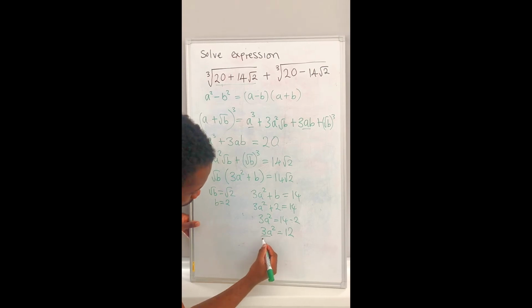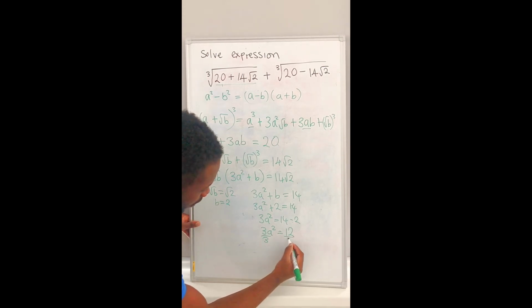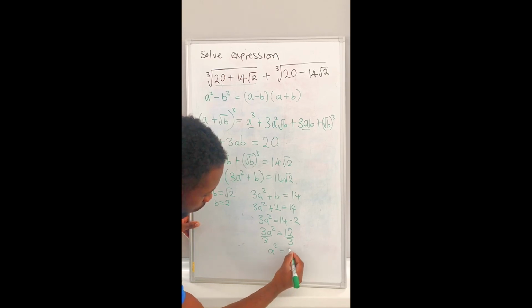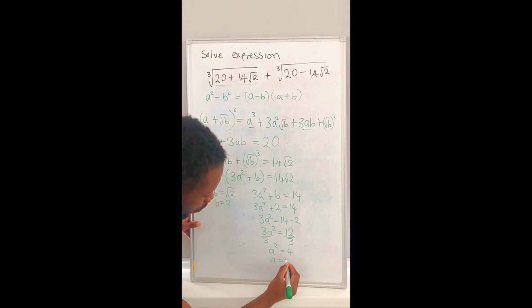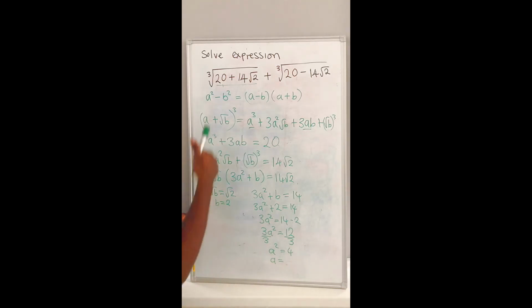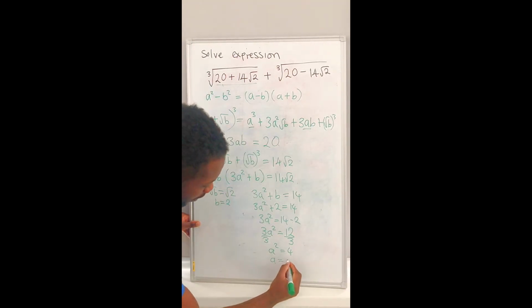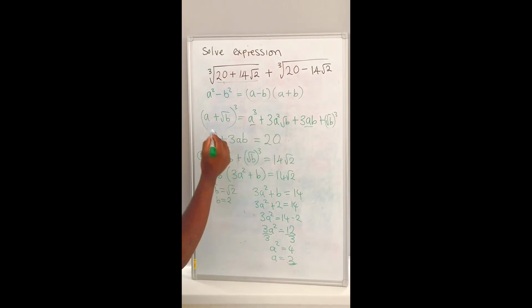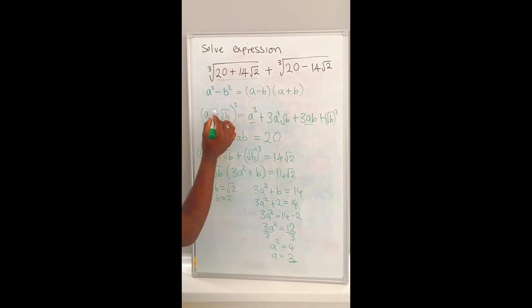Then you divide with the 3. You also do the same on the other side. You remain with a squared is equal to 4. Then your a is equal to plus or minus 2. But since we have a positive that side, we shall just take 2. When you do the same also for this one, here you just change, you put a negative sign on top.